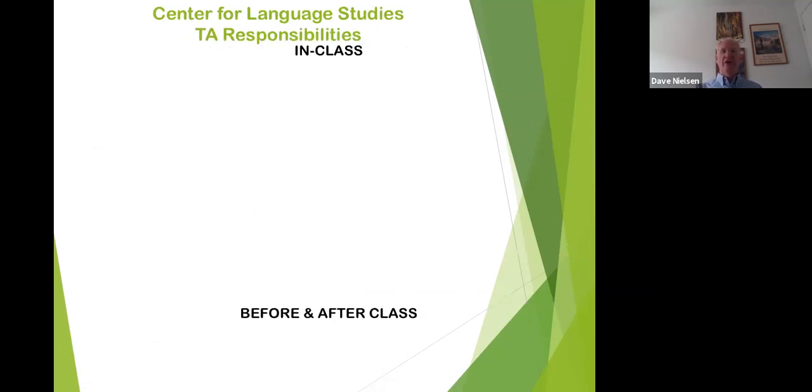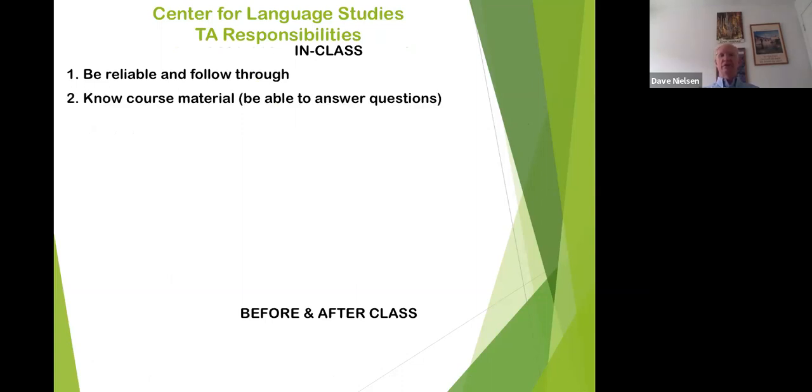The TA, though, for in-class versus before and after class responsibilities is, number 1, to be reliable and follow through. If you can't make it that day to class, make sure that you let the instructor know. To know the course material, to be able to answer the questions, and in most cases, the TA will have already taken this class that you are TAing for.